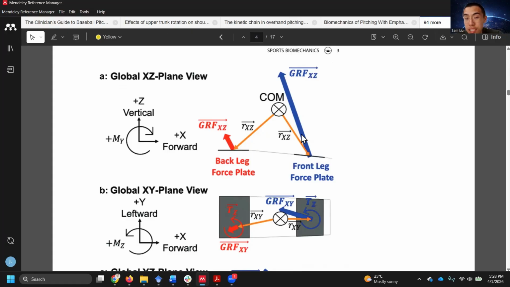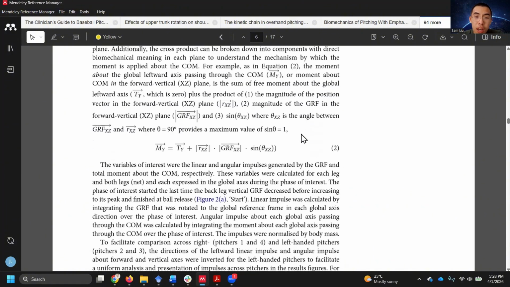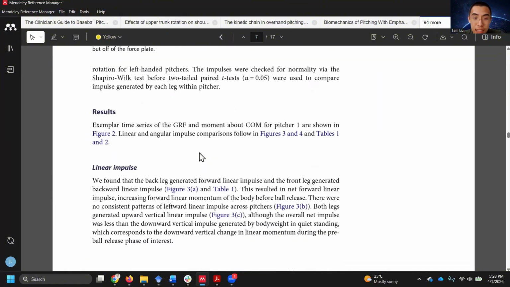If the angle theta is really small, meaning the ground reaction force is almost pointed right at your body center of mass, then sine theta is going to be very small. So it doesn't matter as much how big your forces are or how far away the legs are. The moments created are just not going to be as high.